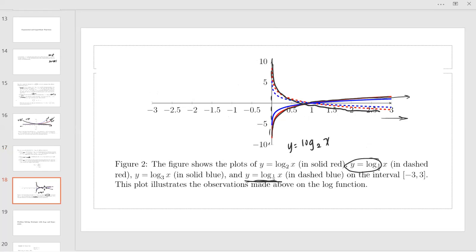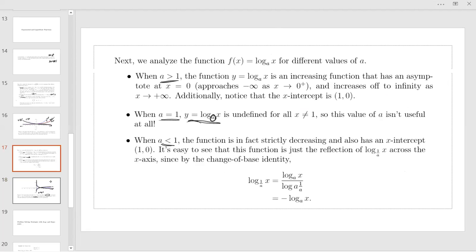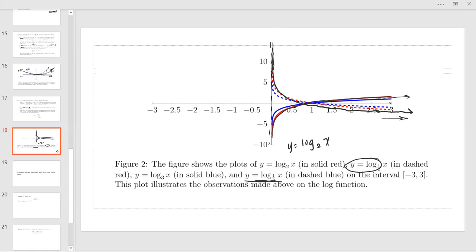At x is equal to 0, it starts off at infinity, but the value is undefined at x is equal to 0, which is why we have an asymptote. And as x goes to positive infinity, this function decreases slowly and goes to negative infinity. This blue graph is for base 3, and this dashed blue graph is for base 1/3.